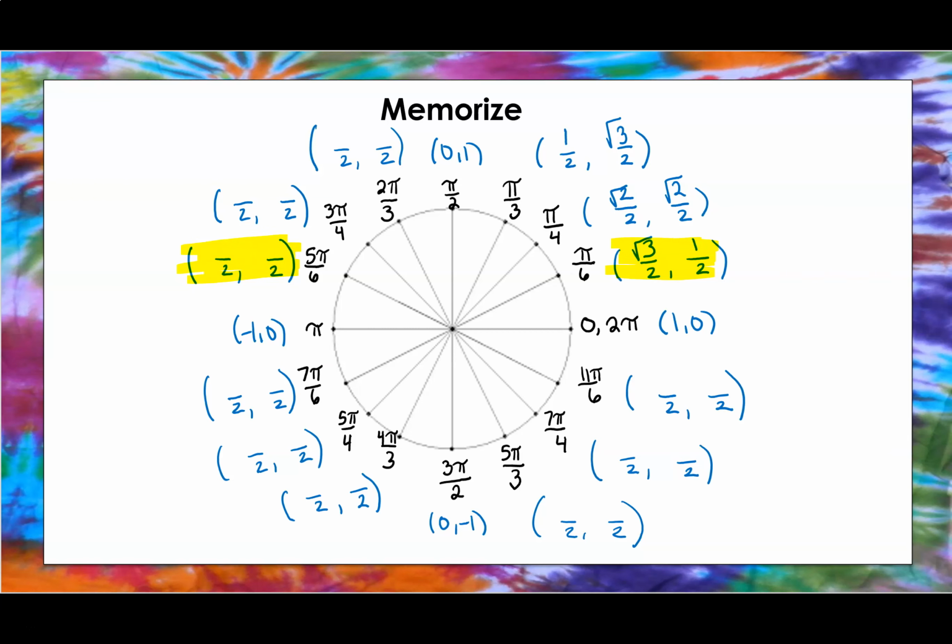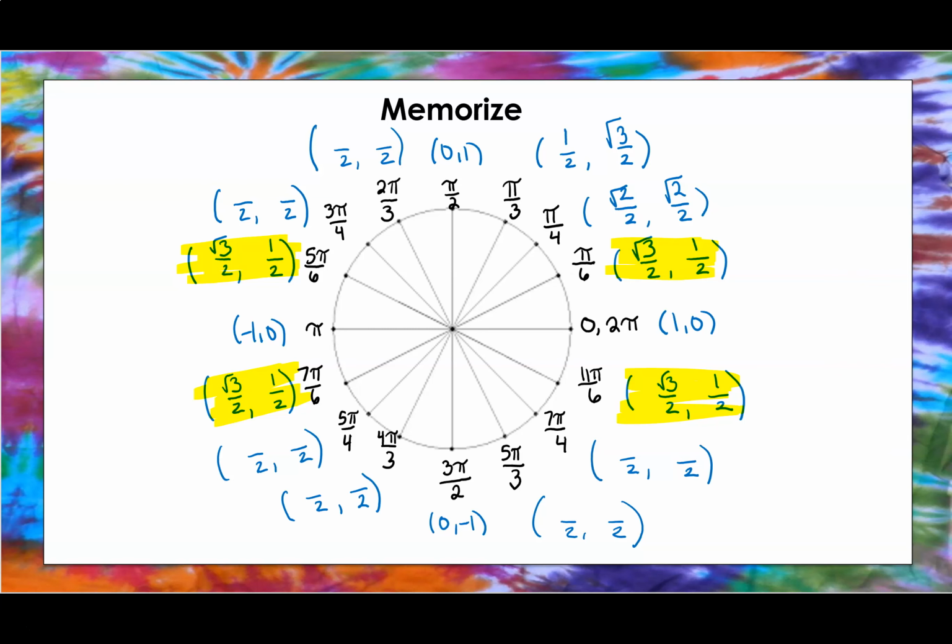We'll deal with negatives later. So right here, I'm going to write the same exact coordinate. This one's going to be root 3 over 2, and this one's going to be 1/2. Same thing here, root 3 over 2 and 1/2. Same thing here, root 3 over 2 and 1/2.